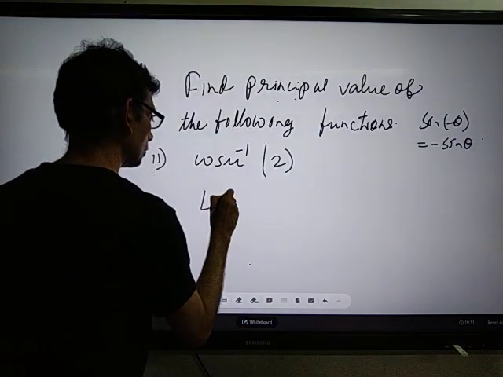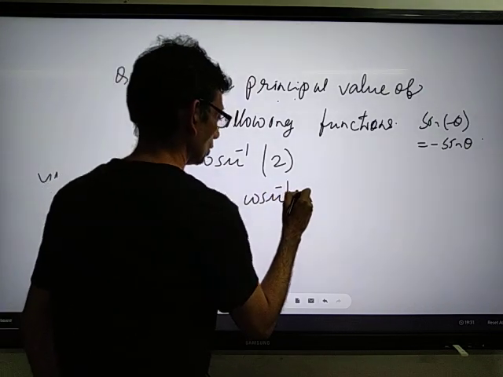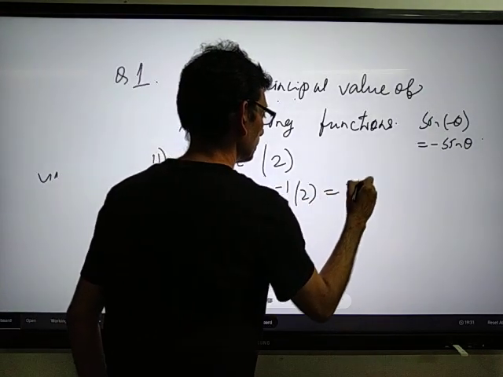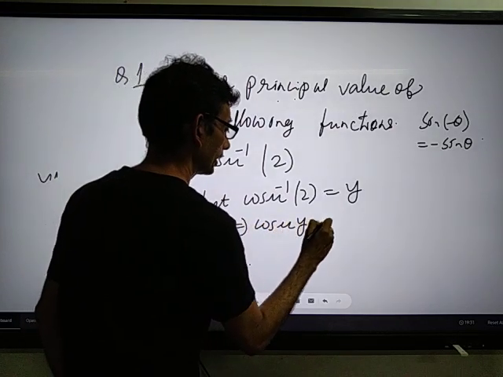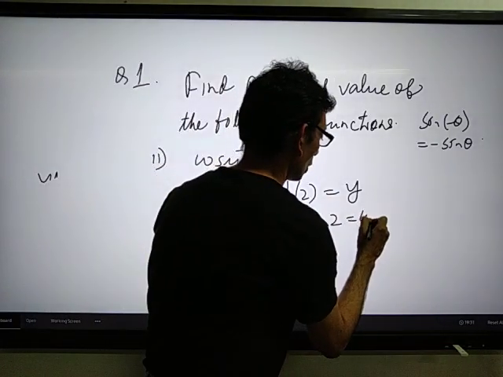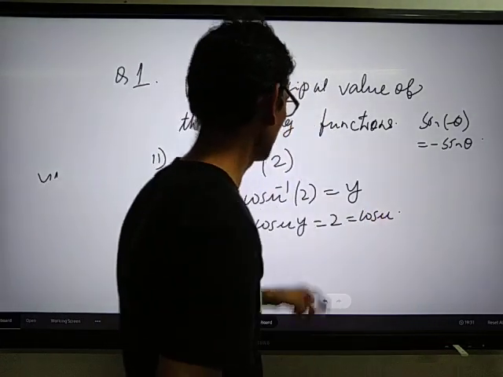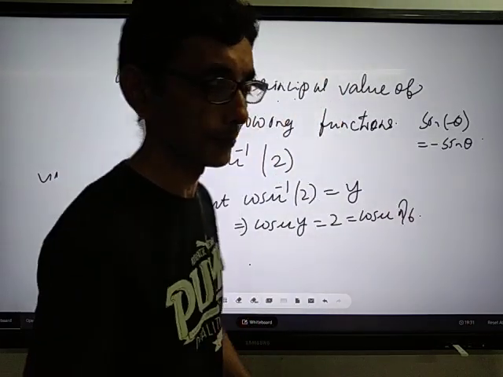Let cosec inverse 2 equal to y. This implies cosec y equal to 2. Now write 2 in terms of cosec. It will be cosec pi by 6.